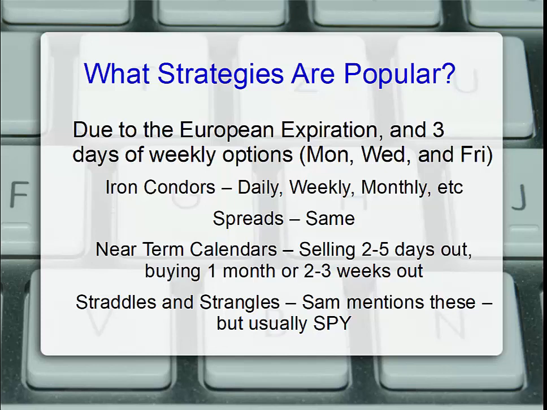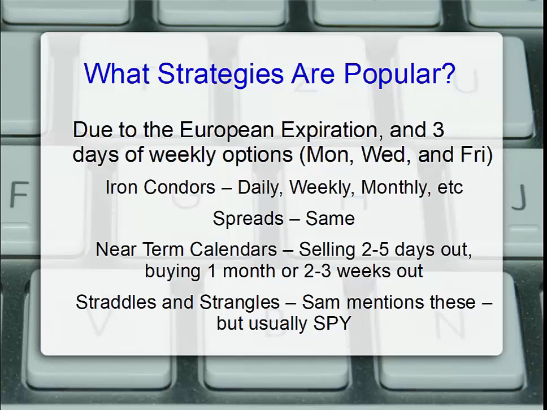Vertical spreads as well, mostly credits, bull put credit, bear call credit, although some debit spreads might be thrown in there as well. Again, depending on your preference, daily, weekly, or monthly. I've also had comments during the webinars, discussions during coaching sessions on near-term calendars.